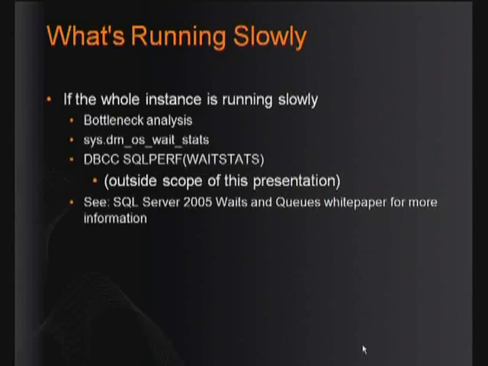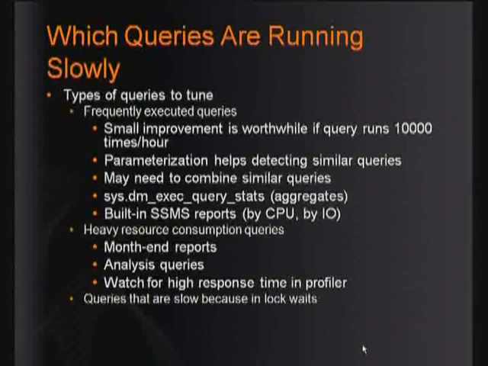So now, which queries are running slowly? There's 2 trains of thought as far as which type of queries to tune. I like to tune the most frequently executed queries. So do a trace or look at the query stats and figure out which are the most frequently executed queries. The easiest way to do this, I have this set of diagnostic queries, is to go look at sys.dm_exec_query_stats. sys.dm_exec_query_stats will show you all of the queries presently in the cache.